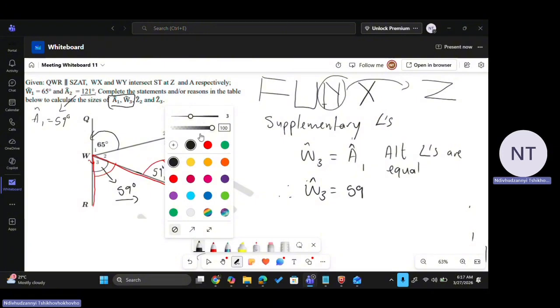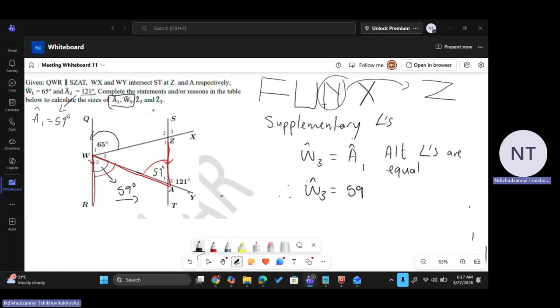Then let's go to the other dude. The other dude, they are looking for Z2, right? So Z2 is here. Then I see something here. How can we find Z2? Okay, so since I didn't introduce new rules, I'll stick to the ones that we have, right?